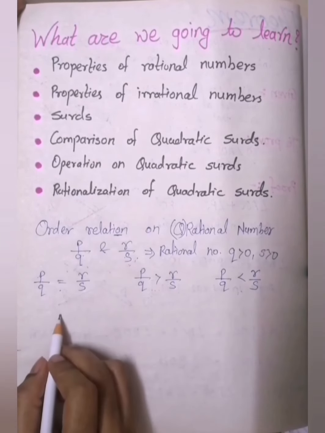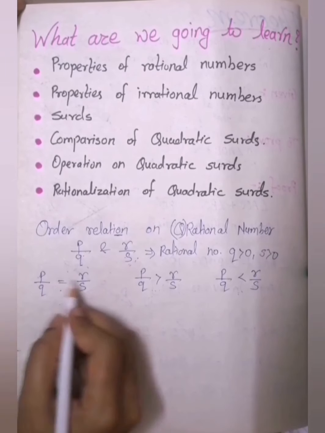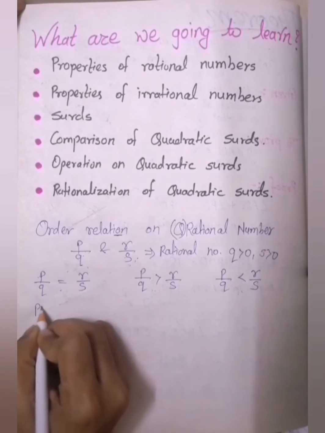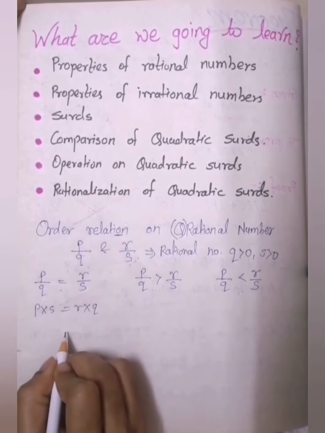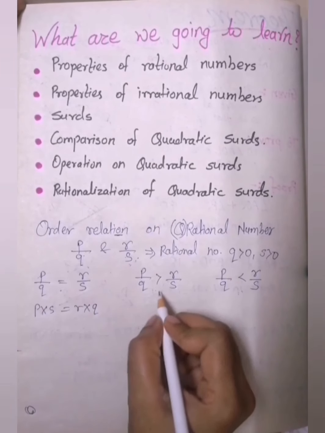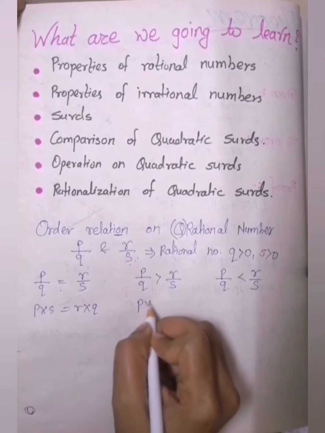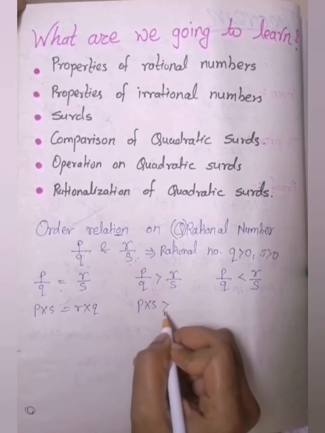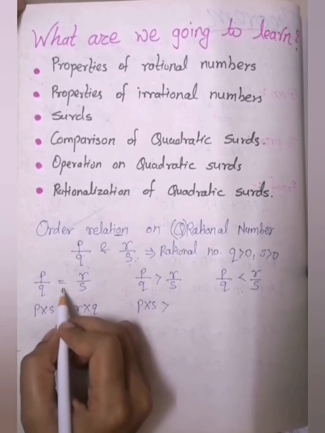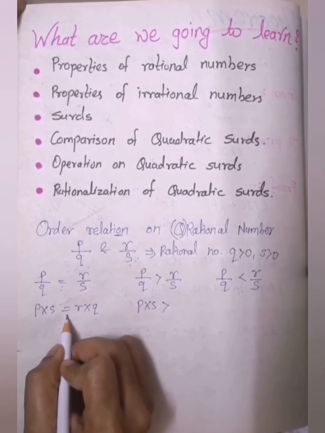So now students, let's cross multiply. Then we get P multiply S equals R multiply Q. Clear? Now we can do the same here: P multiply S, and what is the sign of this? Greater than. So write down greater than. There is an equal sign, so that's why we write the equal sign.